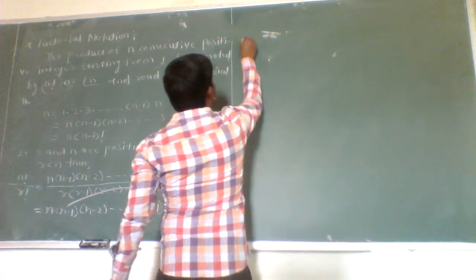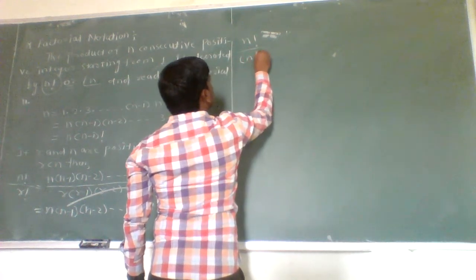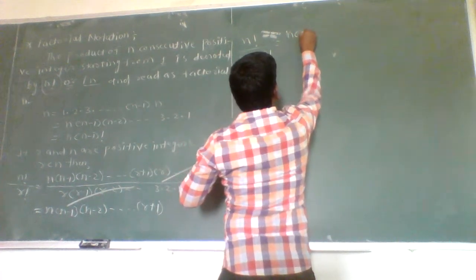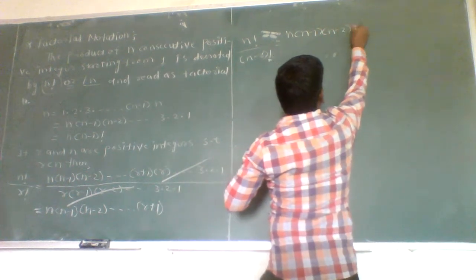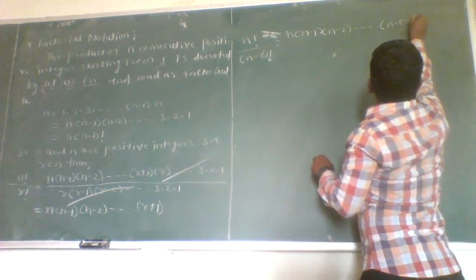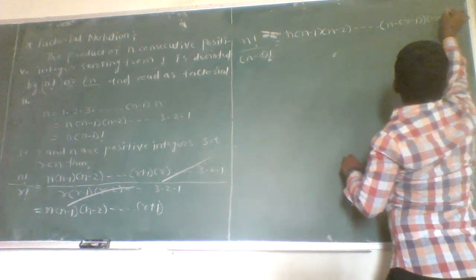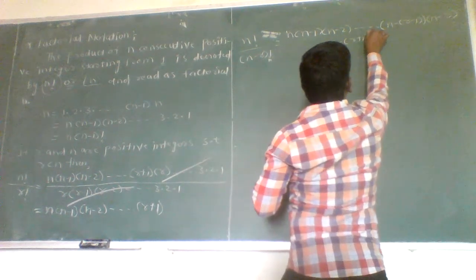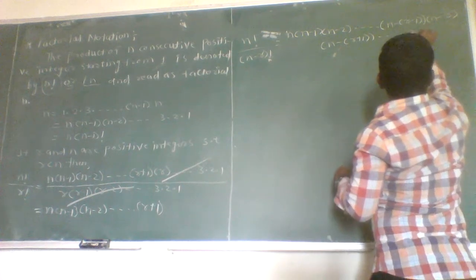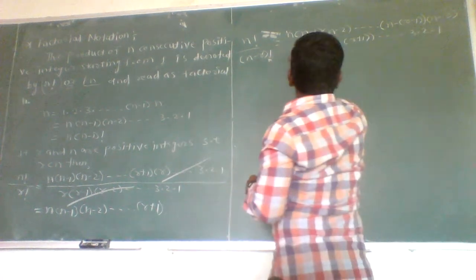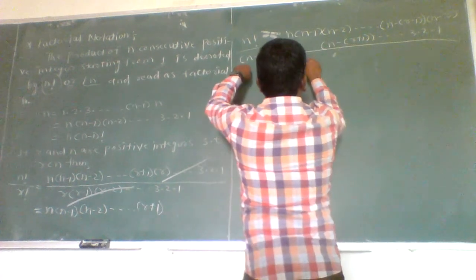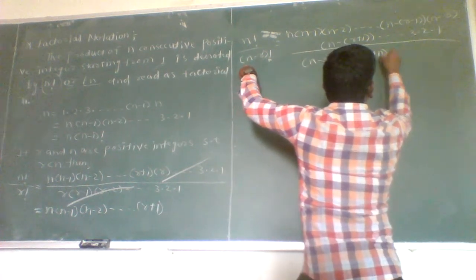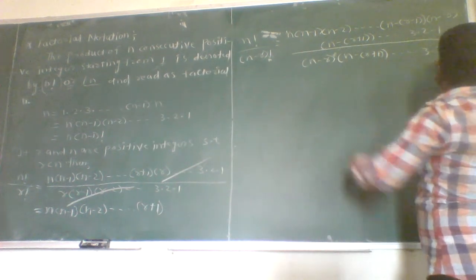Similarly, n factorial upon n minus r factorial. Here also r is less than n. N factorial is nothing but n into n minus 1, n minus 2 up to so on, somewhere is n minus r minus 1, n minus r, n minus r plus 1, and up to so on 3 into 2 into 1, divided by n minus r factorial, n minus r plus 1 up to so on 3 into 2 into 1.